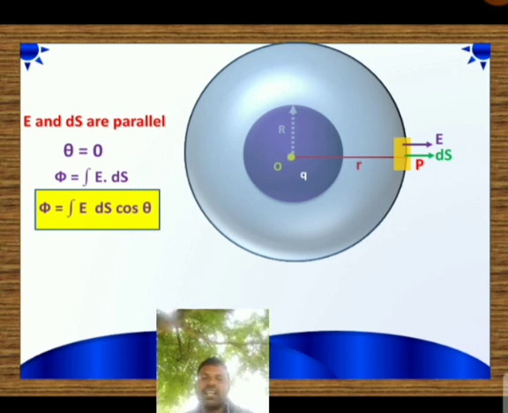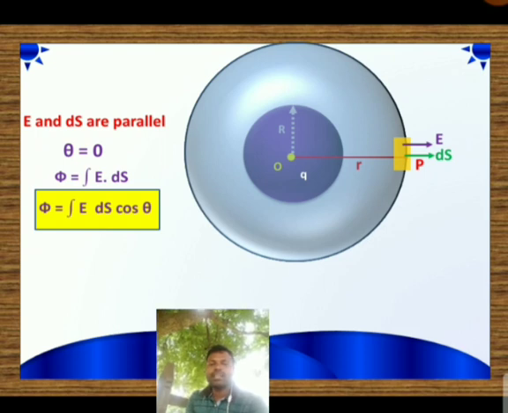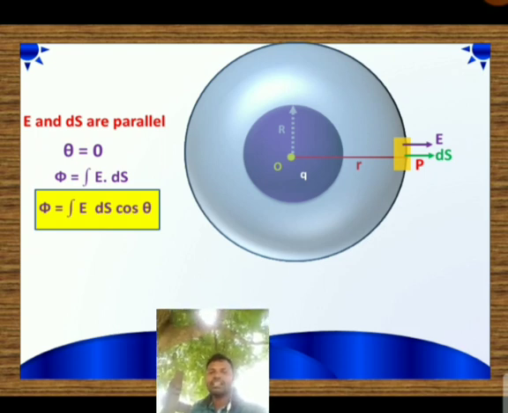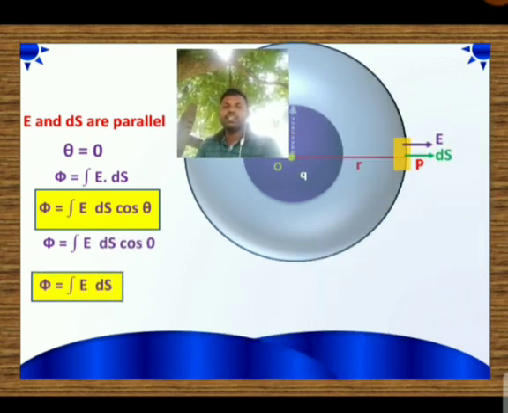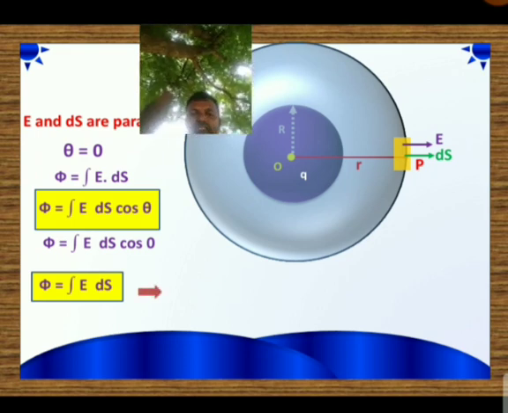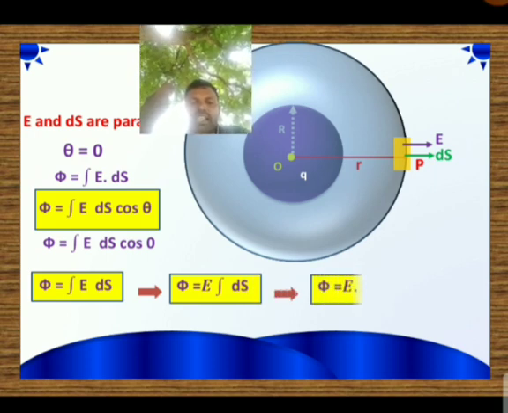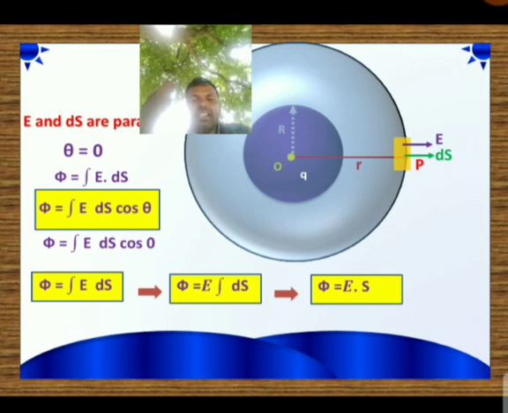Then what is flux? Phi is equal to integral E dS. Applying the integral, E dS cos theta, theta becomes 0, so I get integral E dS. Actually E is constant, kept outside, so the integral of dS gives S, then phi is equal to ES.